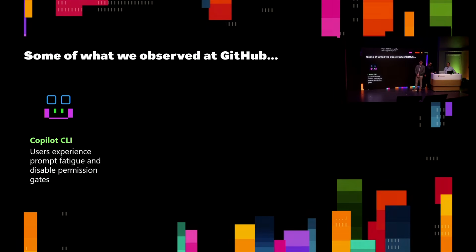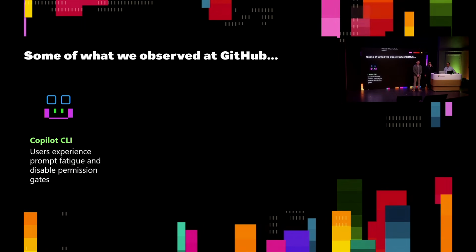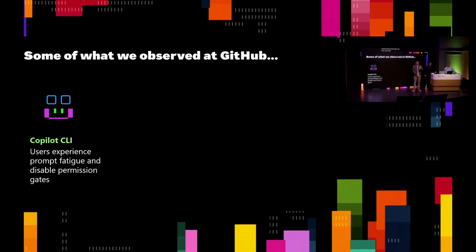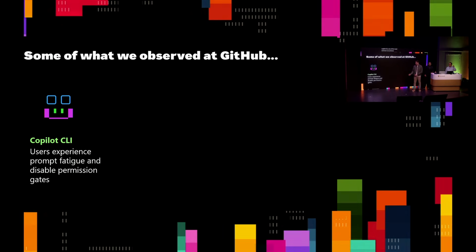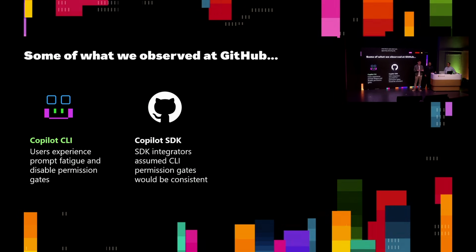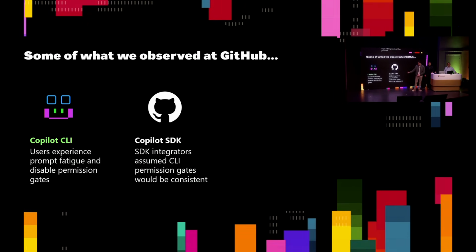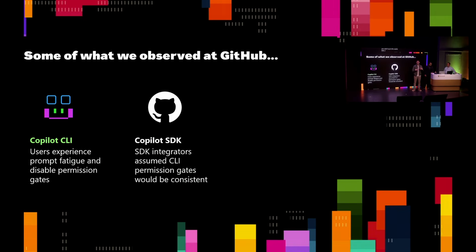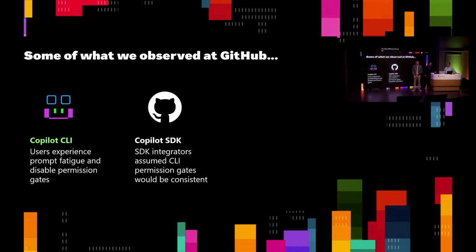If you take a look at the Copilot CLI, one of the most common occurrences that happens over time is users start auto-approving, removing the gates, and letting their agents run for longer and longer sessions. When you scale it up to the Copilot SDK, it rides on top of our Copilot CLI server. But one of the unique differences that we did when we built the Copilot SDK was design it in a way that was made for SDK integrators and not for Copilot CLI users.